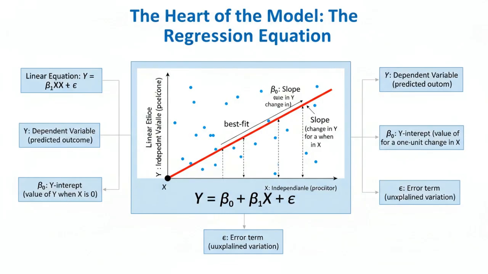Beta 1 is the slope of the line, telling us how much y changes for every 1 unit change in x. Finally, epsilon is the error term, accounting for the unexplained variation, the difference between our predicted y and the actual y. The model's objective is to find the best beta naught and beta 1 that minimize these errors.